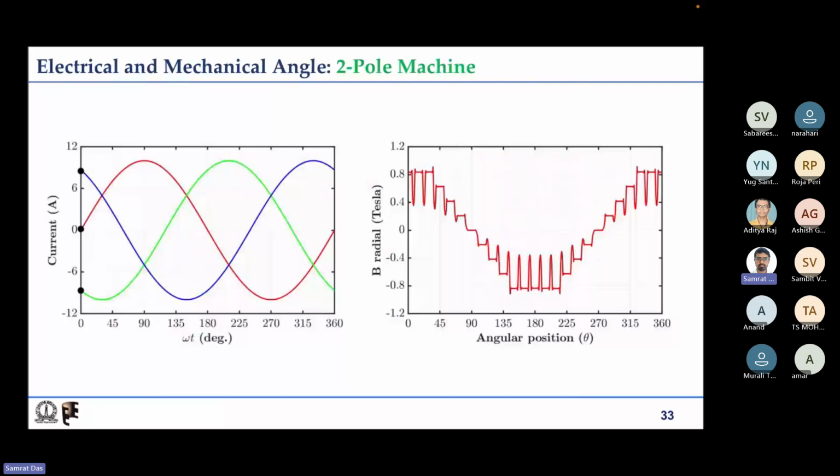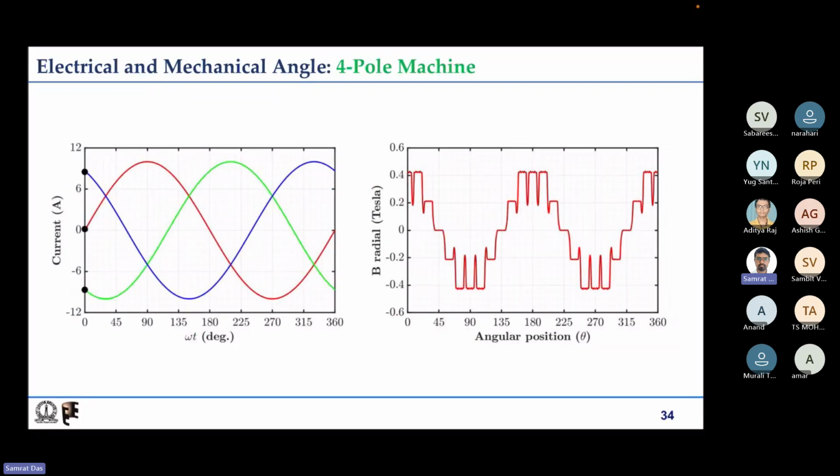Because in the two pole machine, with the completion of one electrical cycle, the magnetic field distribution in the air gap also completes one complete rotation. So electrical cycle is the same as mechanical cycle, and electrical angle is also the same as the mechanical angle in a two pole machine.